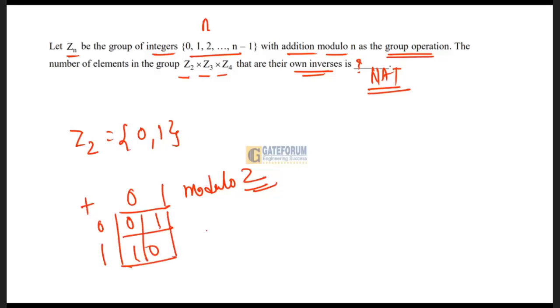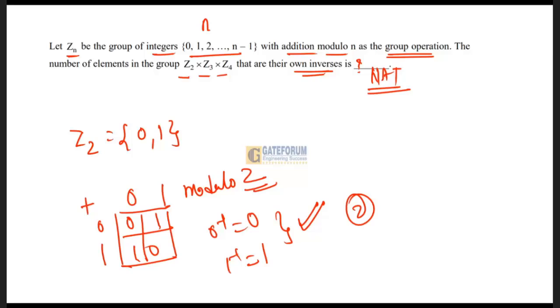For self inverse, 0 inverse is 0 and 1 inverse is 1. So it is correct, and we got 2 such entries as of now.